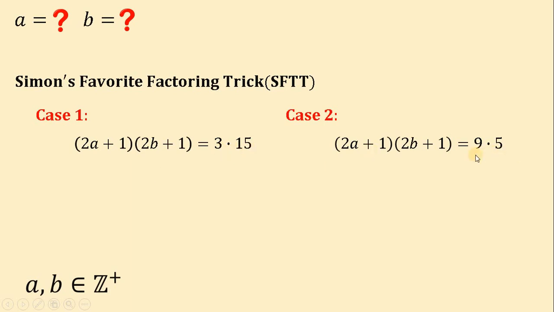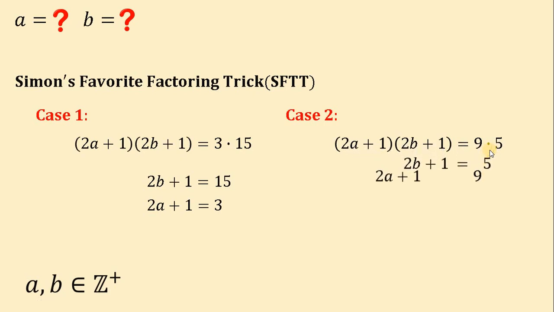We will do that later on. So, let's have first case number 1. 2A plus 1 must be equal to 3 and 2B plus 1 must be equal to 15. Now, case number 2. 2A plus 1 must be equal to 9 and 2B plus 1 must be equal to 5.